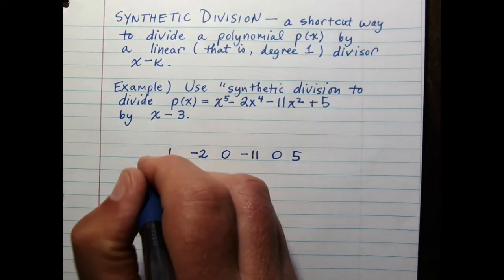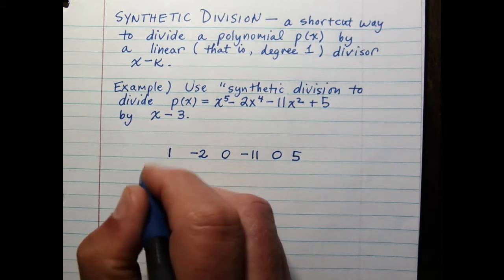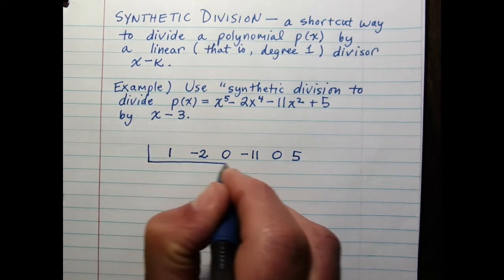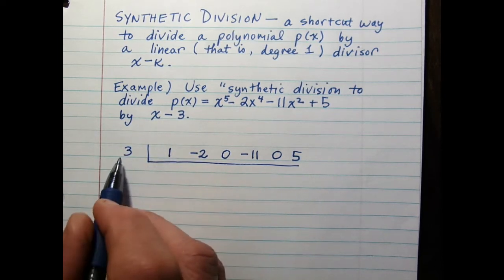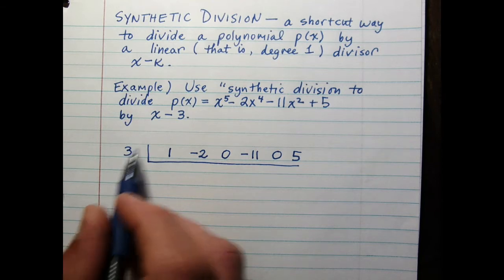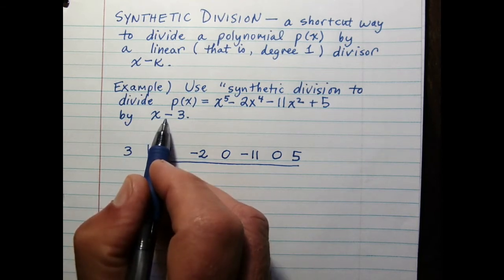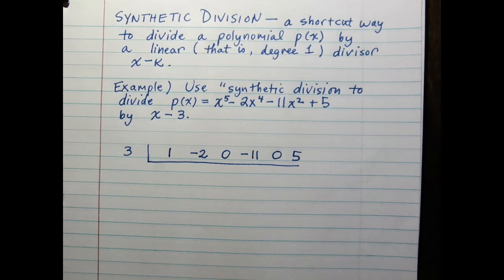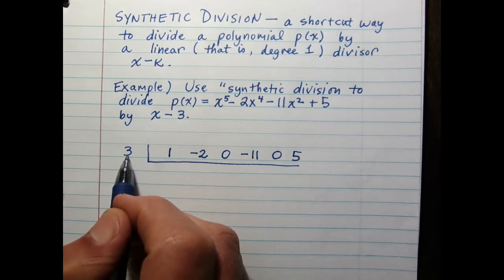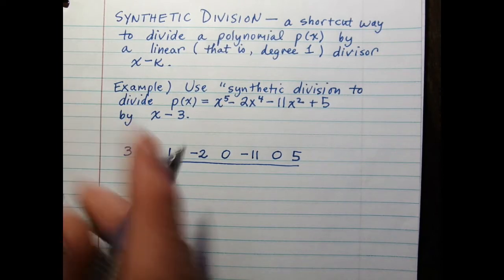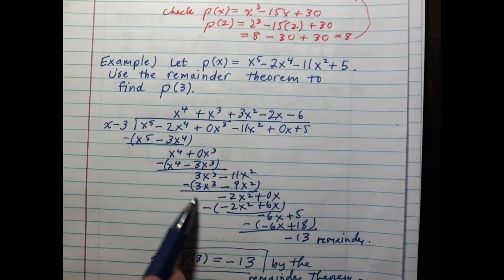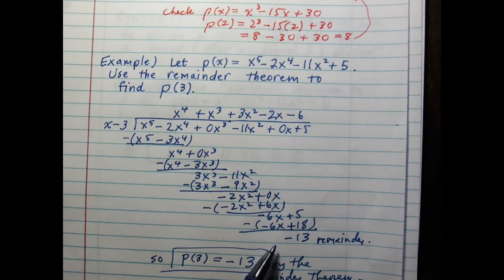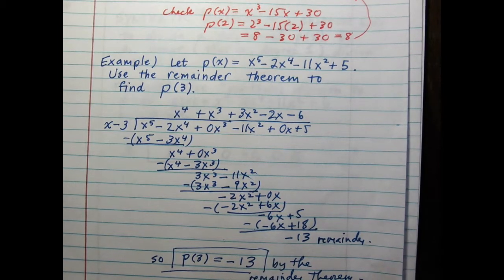All right, now out in front of this, I like to write a little box like that. I'm going to write a positive 3. Positive 3 stands in the place of the x minus 3. There's a couple reasons why we like to write a positive 3. One is if I write a plus here instead of minus, it takes care of all those subtractions that occur down the line in the long division process.